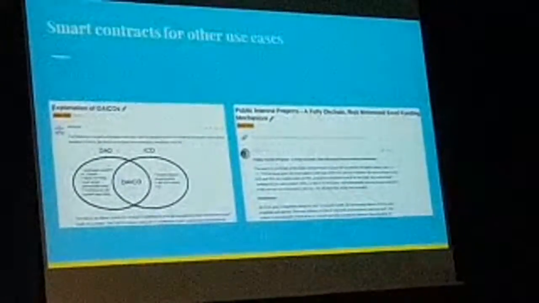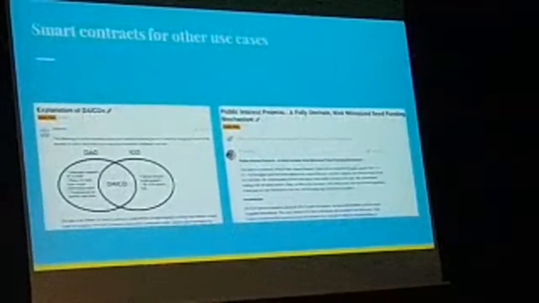So this example is interesting because it uses smart contracts, but it also uses an entire ecosystem of smart contracts in very clever ways. So it uses MakerDAO, it uses Compound, it is a smart contract itself, and it glues these different pieces of the ecosystem together to create this new approach that probably would not exist on its own.